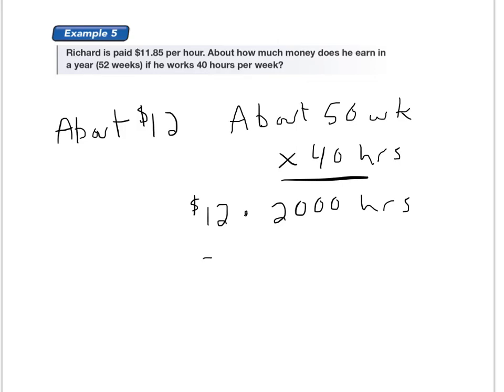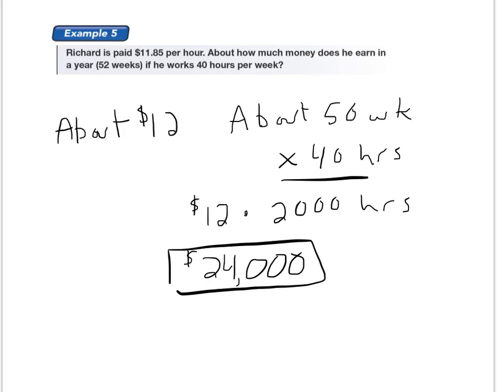Well, 12 times 2 is 24. We fill in the 3 zeros. So he's going to get about $24,000 in that year. Okay? So if he works 40 hours every single week, which is pretty standard, and he works every week that much, he's going to get about $24,000.